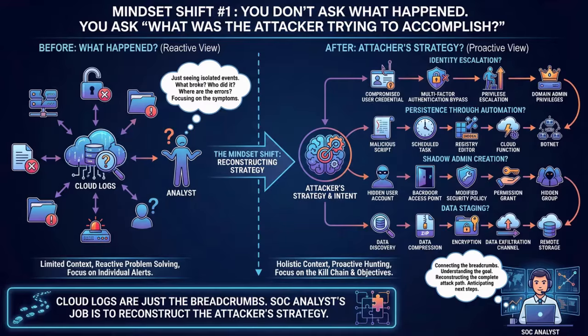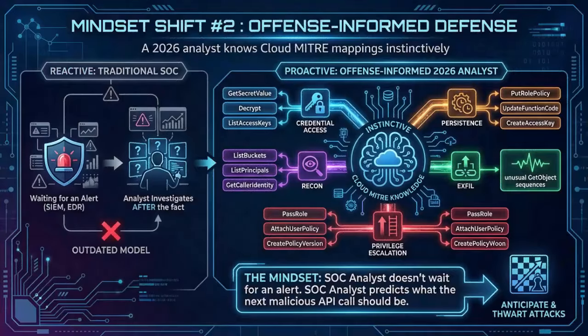That's your first mindset. Mindset number two is you should get used to what's called offense-informed defense. A 2026 analyst knows cloud MITRE mappings instinctively. For every tactic and technique, you should map them to the specific log scenario. For example, credential access maps to GetSecretValue, Decrypt, ListAccessKeys.